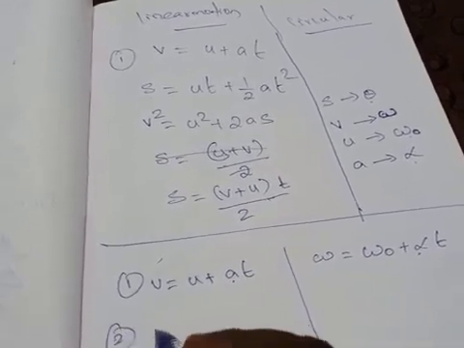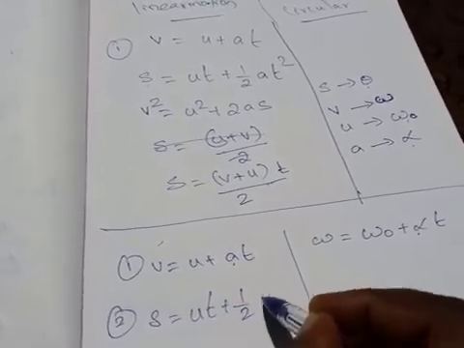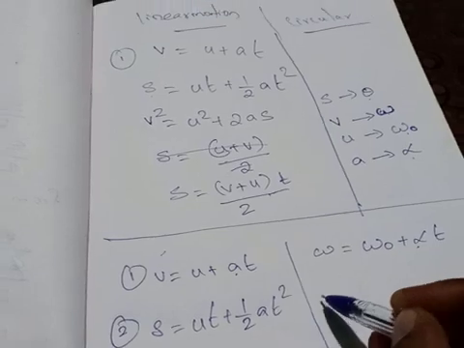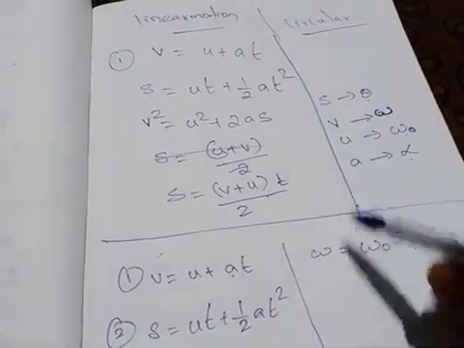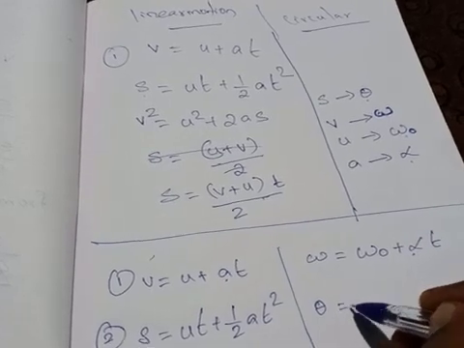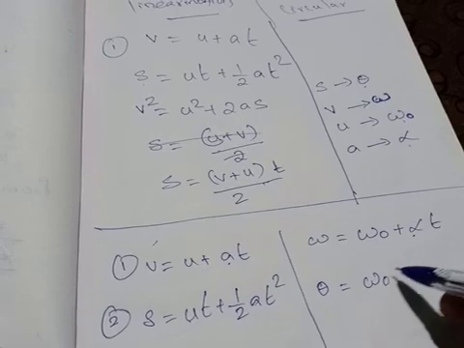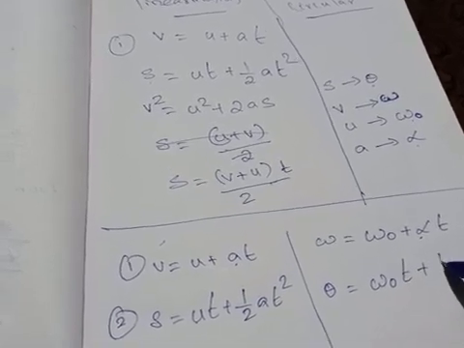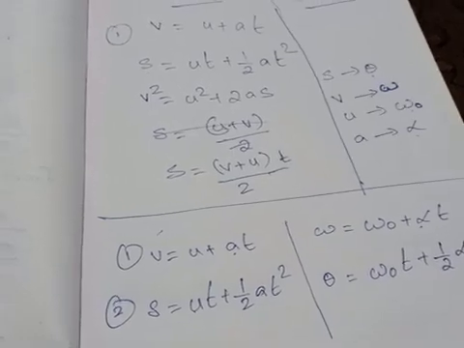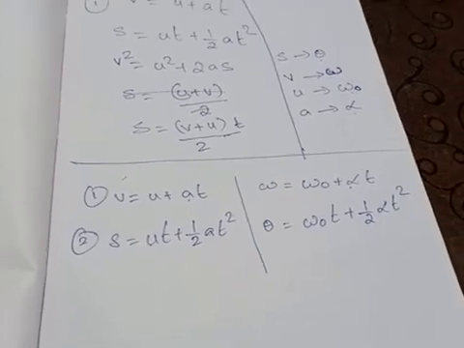Second equation: S is equal to UT plus half AT square. Instead of S we use theta, instead of U we use omega 0, so theta equals omega 0 t plus half alpha t square. Second equation finished.